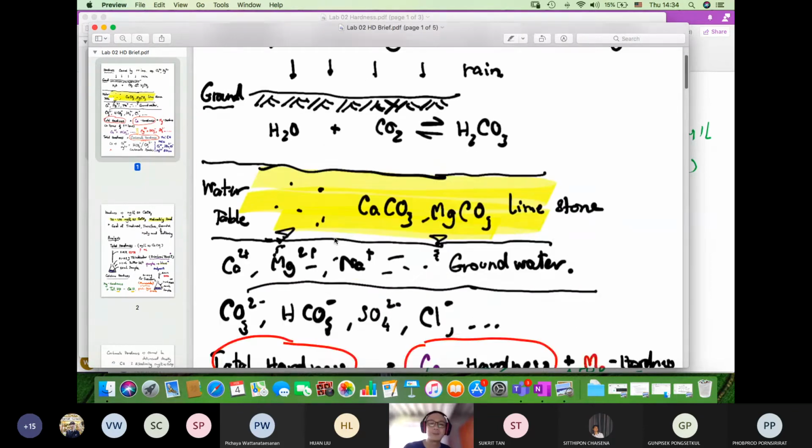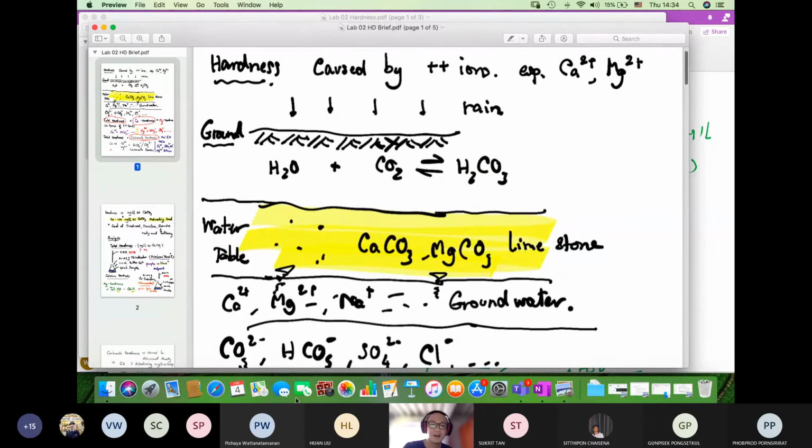In the groundwater, it is kept in the aquifer in the soil. So this is the ground, and this is the topsoil layer. This is the layer where there is bacterial activity. Microorganisms live here and degrade some organic substances.